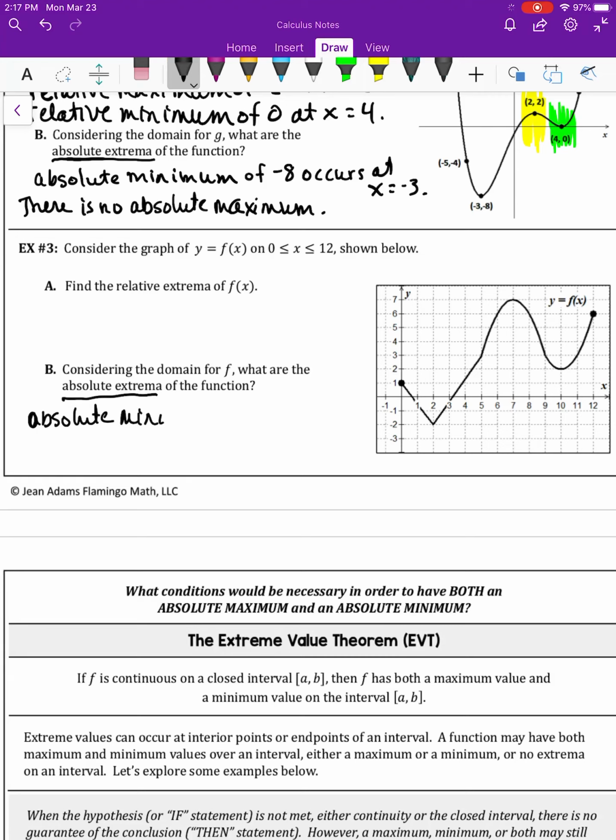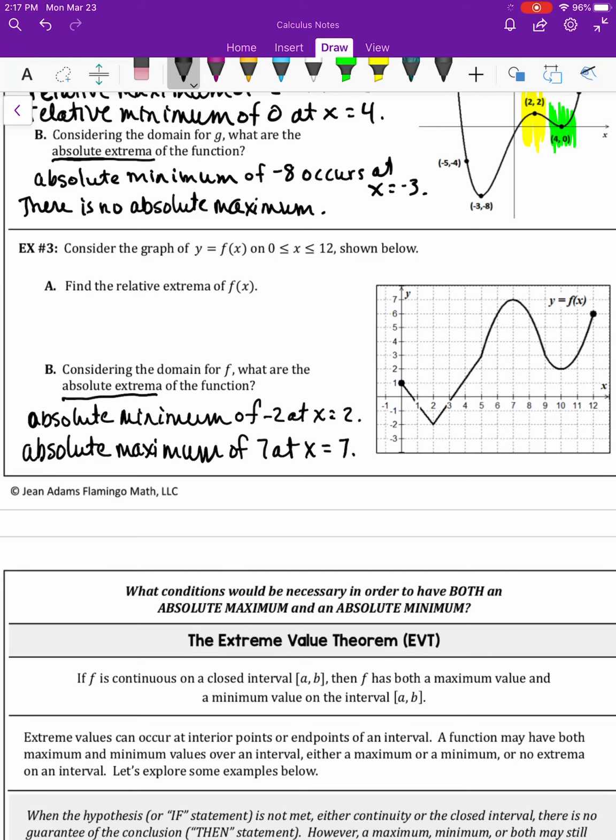So I've got an absolute minimum of -2 at x equals 2. And then I have an absolute maximum of 7 at x equals 7.